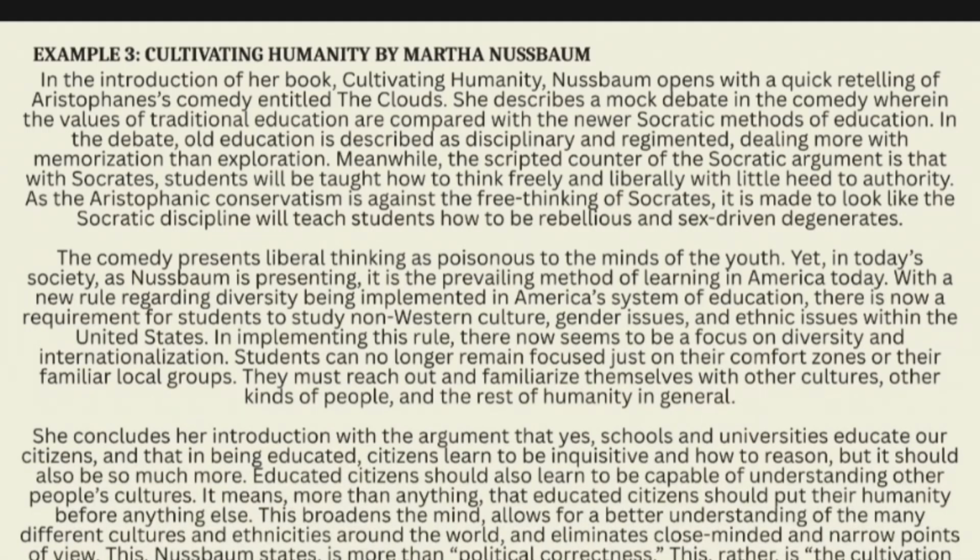She concludes her introduction with the argument that yes, schools and universities educate our citizens, and that in being educated, citizens learn to be inquisitive and how to reason. But it should also be so much more. Citizens should also learn to be capable of understanding other people's cultures. It means more than anything that educated citizens should put their humanity before anything else.